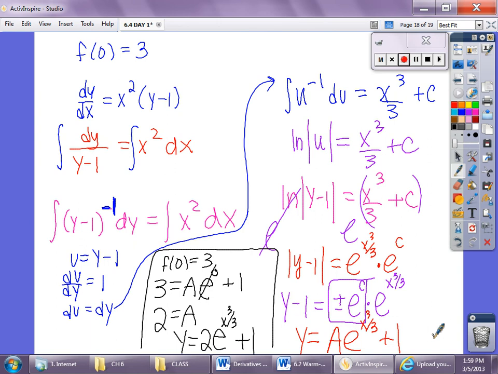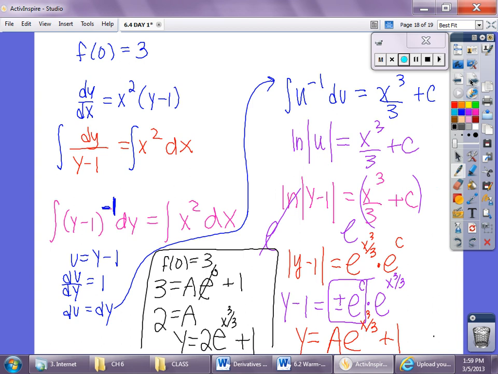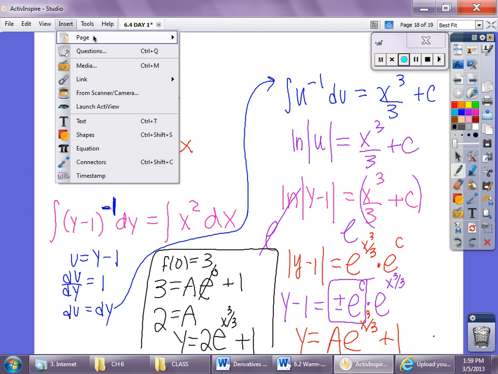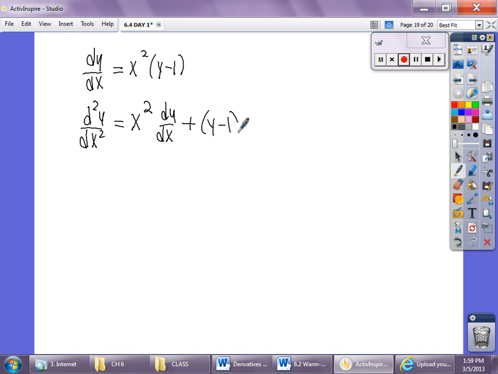All right, and then there was one last place I added in. I wanted to add in the second derivative. So, the second derivative, so dy/dx is equal to x squared times y minus 1. So that would be a product rule to do my second derivative equals leave the first one, derivative of the second, plus leave the second one, derivative of the first, let's see, 2x, and then substitute in.